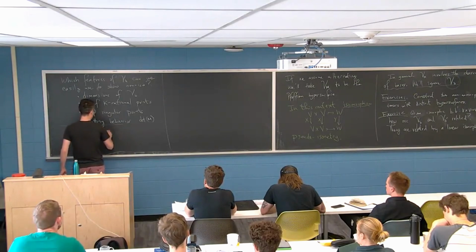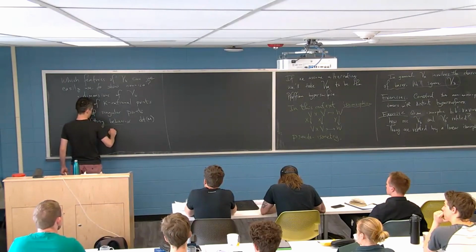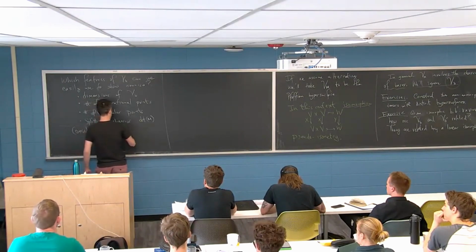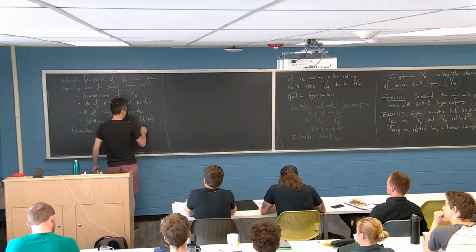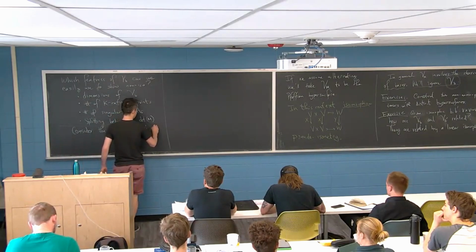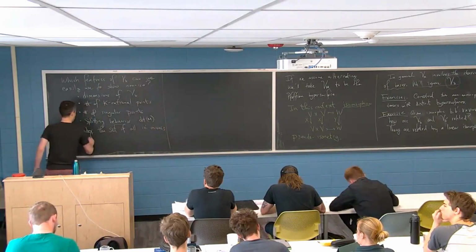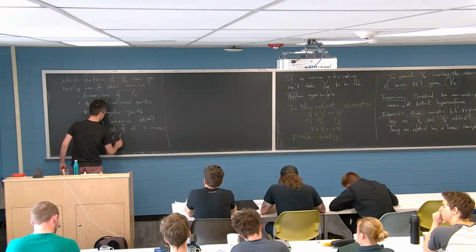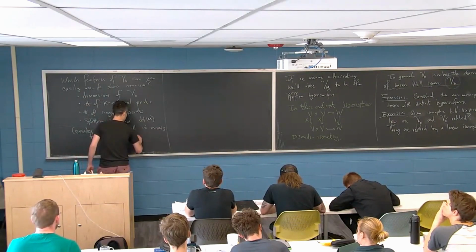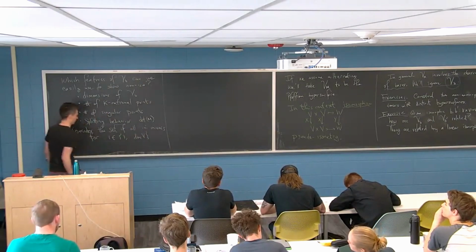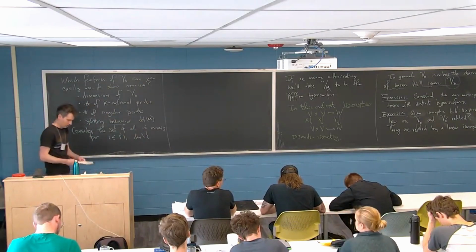Consider the set of all I by I minors for I in 1, 2, up to, I haven't given a dimension for V, so I'll just say dim V. Okay. Something like that.